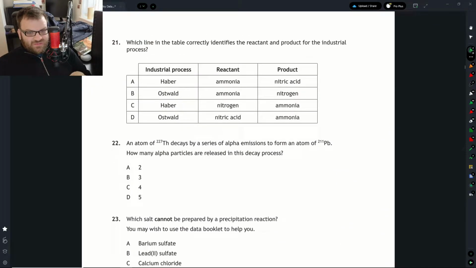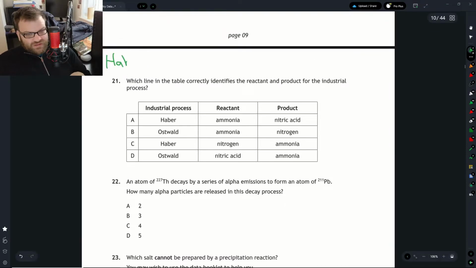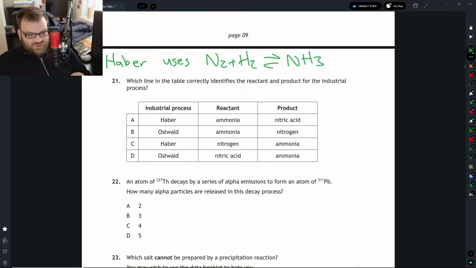In this case, we have to remember the reactants and products for the two different reactions, the Haber and the Ostwald. So Haber uses nitrogen and hydrogen to form ammonia. So Haber does not have ammonia as a reactant. Let's rule that one out. Haber does use nitrogen to make ammonia. So that one's going to be correct.